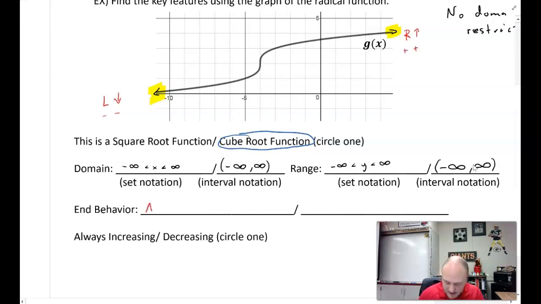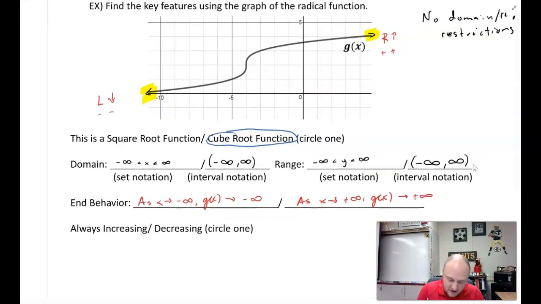Okay, as x goes to negative infinity, g of x goes to negative infinity, negative, negative. And then as x goes to positive infinity, g of x goes to positive infinity. All right, there's end behavior.